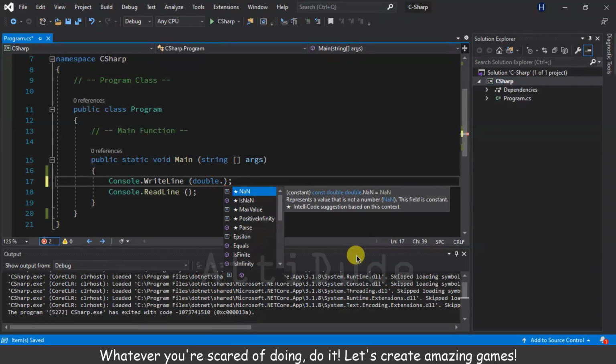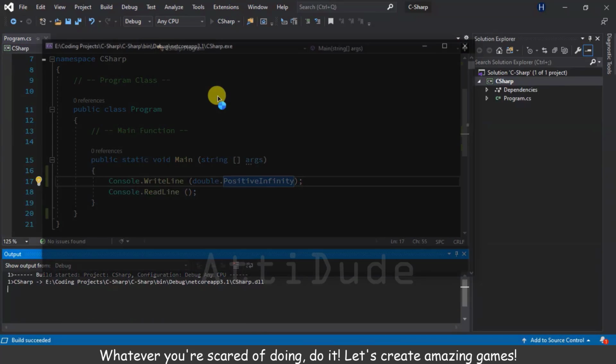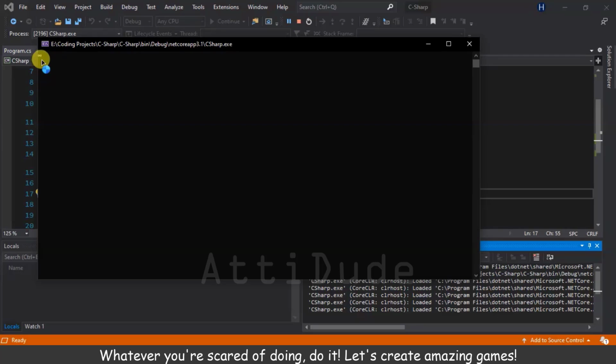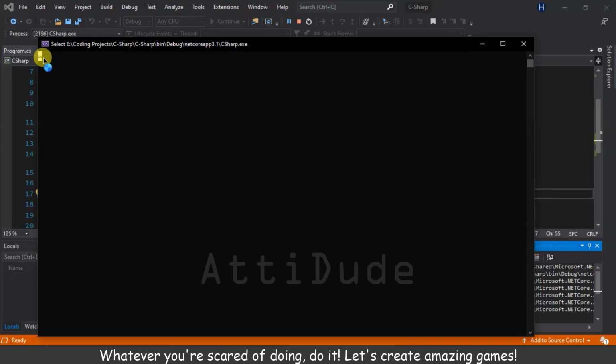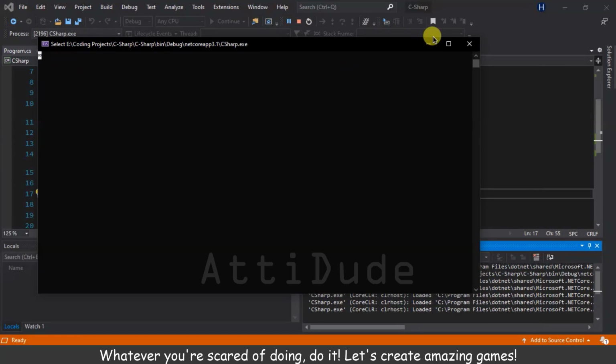If you were to write double.PositiveInfinity, it's gonna give us something weird. And that weird thing is this symbol of infinity.